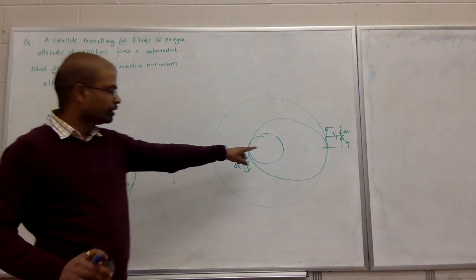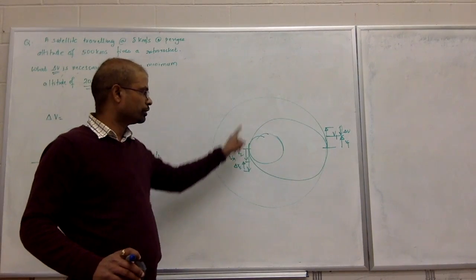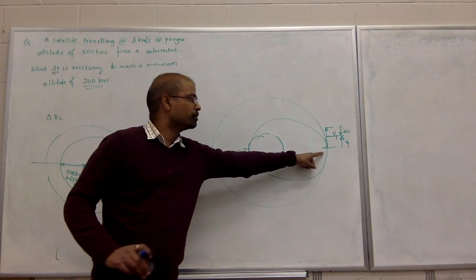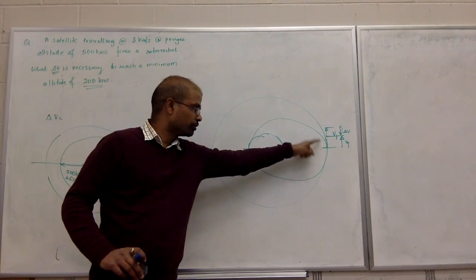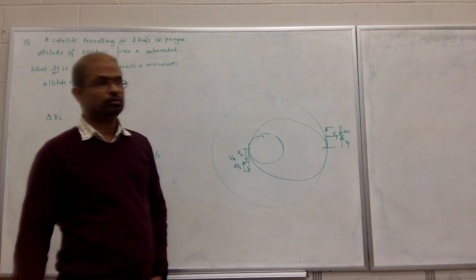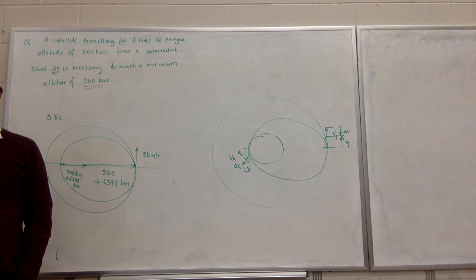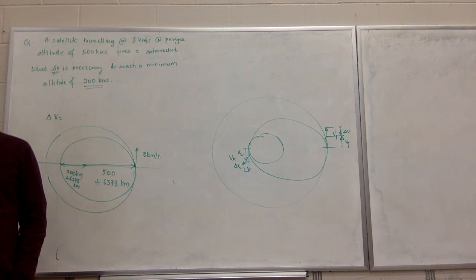You can go from here to here through this transfer orbit. But you can also go from this to this through this transfer orbit. Does that make sense?